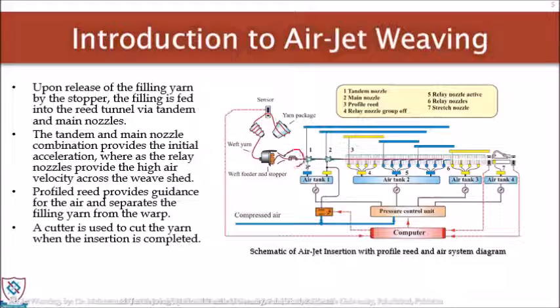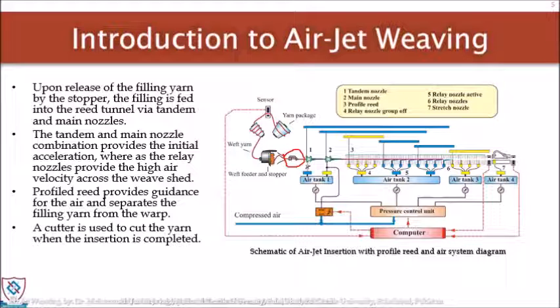This stopper brakes the weft when one pick is inserted. It applies the brake slowly, so that there is no sudden high tension increase in the yarn, so that the yarn does not break.